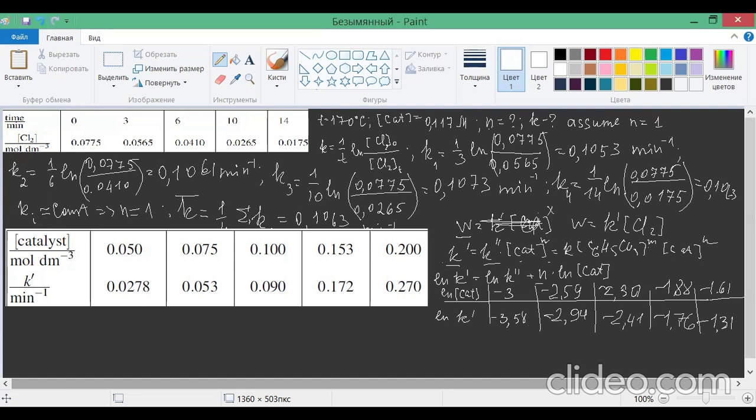Minus 3.82, minus 3.58. The next, minus 2.59, minus 2.94. Then 2.30, 2.41.